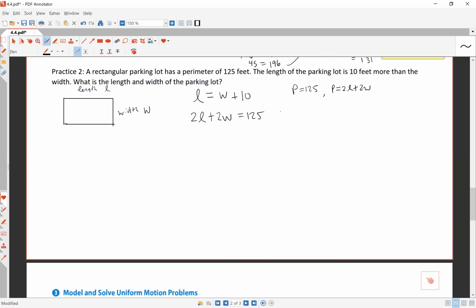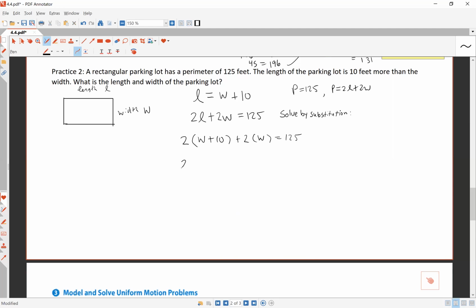So with L equals W plus 10, we solve by substitution. We get 2 times L plus 2 times W equals 125. 2L is 2 times W plus 10, plus 2W.